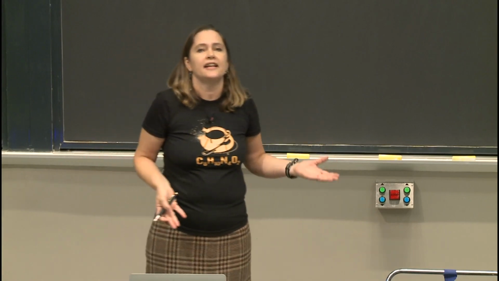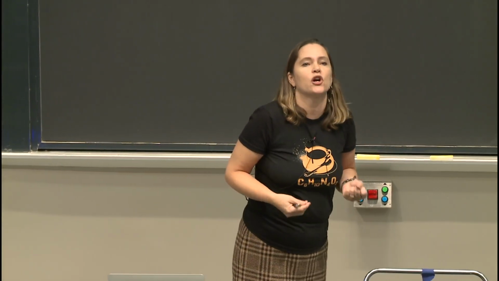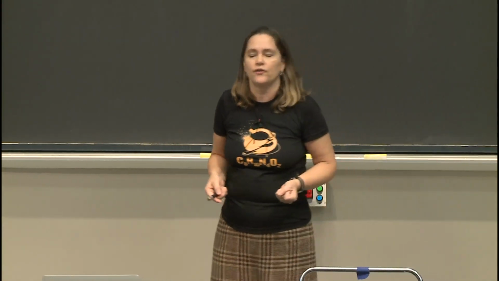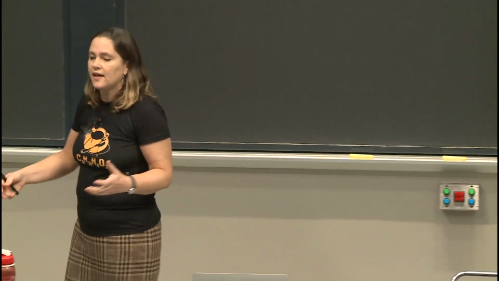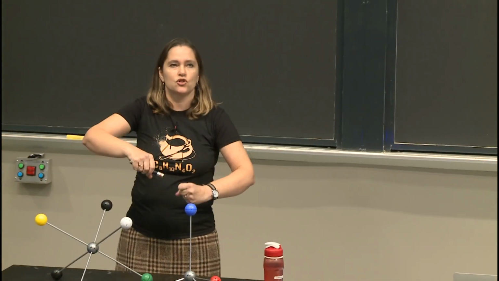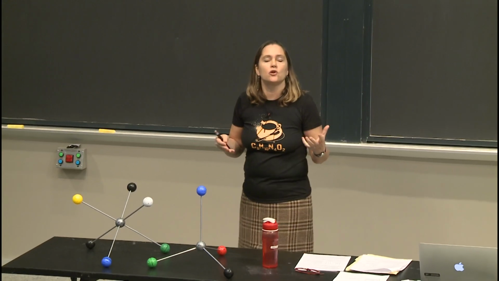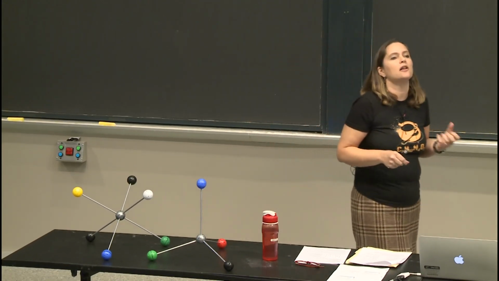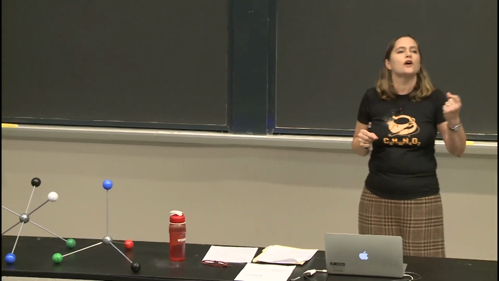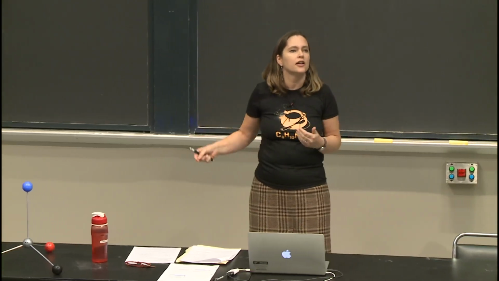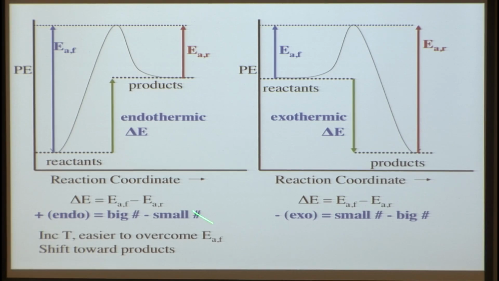You need a lot of kinetic energy. Increasing the temperature will give that kinetic energy to overcome that barrier. Remember that when molecules come together, bonds are distorted and formed, the potential energy goes up first, and only those molecules with that critical energy that can overcome that activation energy barrier can go on to products. Increase the temperature, that allows you to overcome the big barrier.